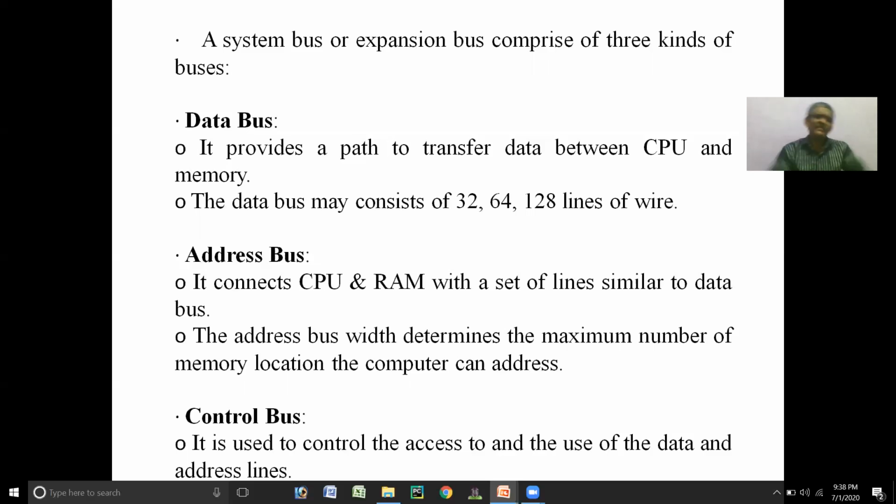And the second bus is address bus. The address bus connects CPU and RAM with a set of lines similar to the data bus. The address bus width determines the maximum number of memory locations the computer can address.